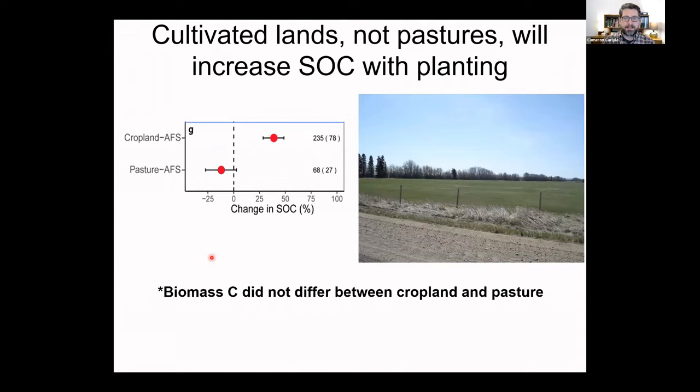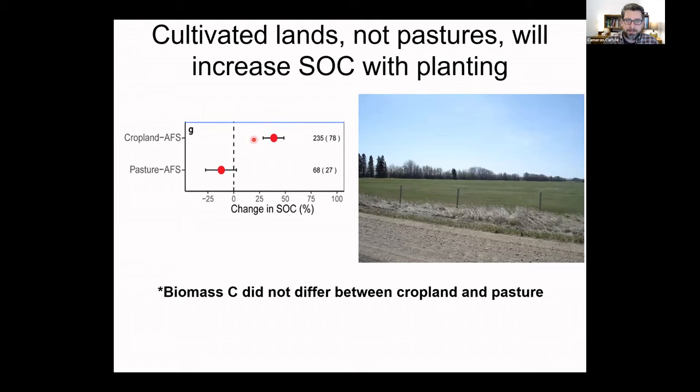And then just the last important result that I think came out of this paper was a comparison of whether these agroforestry systems were planted into areas that had previously been cropland versus pasture. What we're seeing here is that adding trees into cropland systems has a definite impact.